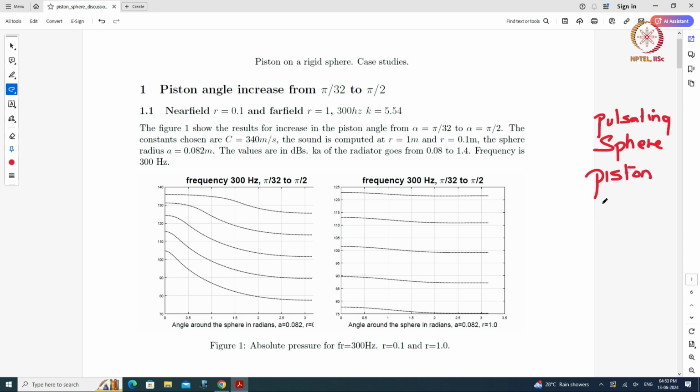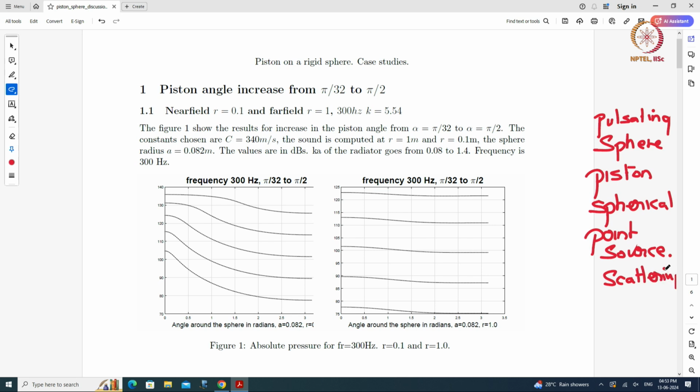We have seen a spherical piston on a sphere. We have also seen a point source on a sphere, and of course scattering from a rigid sphere.